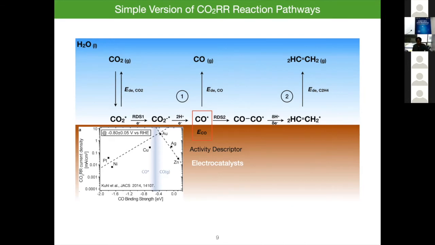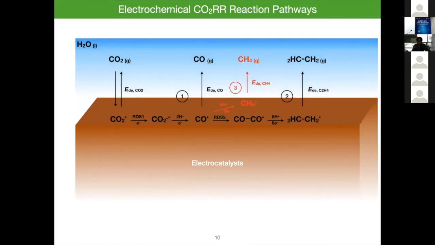If the binding energy is too strong, then CO2 reduction does not occur and CO poisoning occurs, as you can see in platinum and nickel. Copper is the only one that has the optimum binding energy for CO-CO coupling to make ethylene and ethanol.